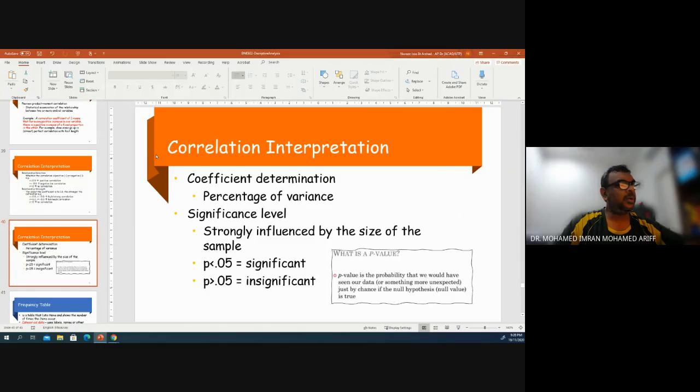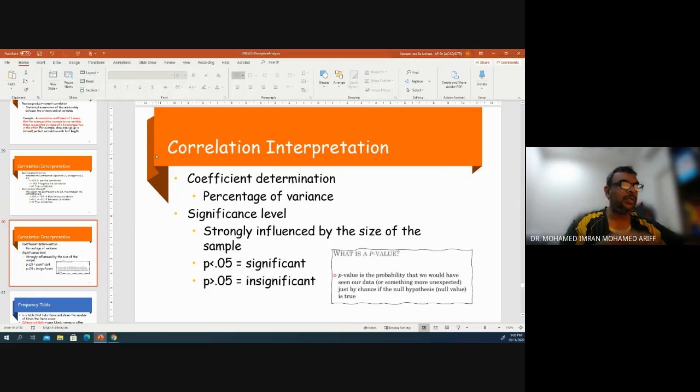Okay, interpret coefficient, kita ada something which is called the p-value. Apakah maksud p-value? Is the probability that we would have seen our data just by chance if the null hypothesis. Okay, so tak apa. Okay, so what is p-value?